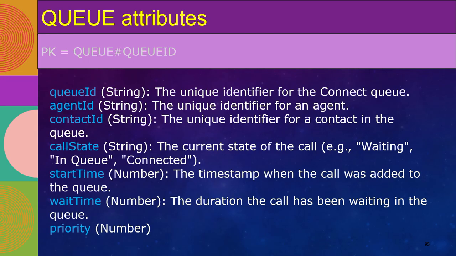But a queue can have a Q ID, and that could be the unique identifier. So this would uniquely identify queues. The agent ID is the unique identifier for an agent. Now we are missing something here, right?